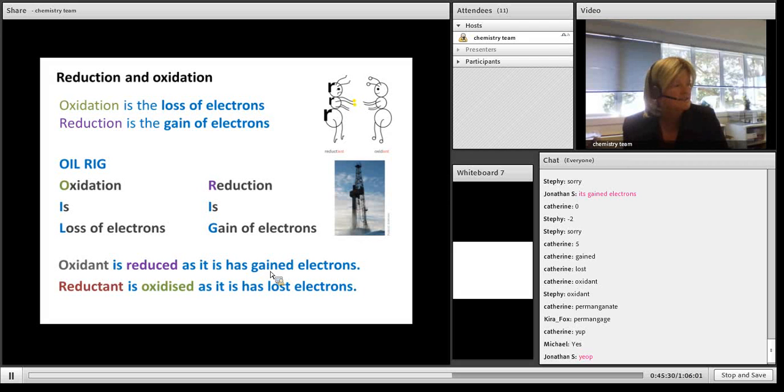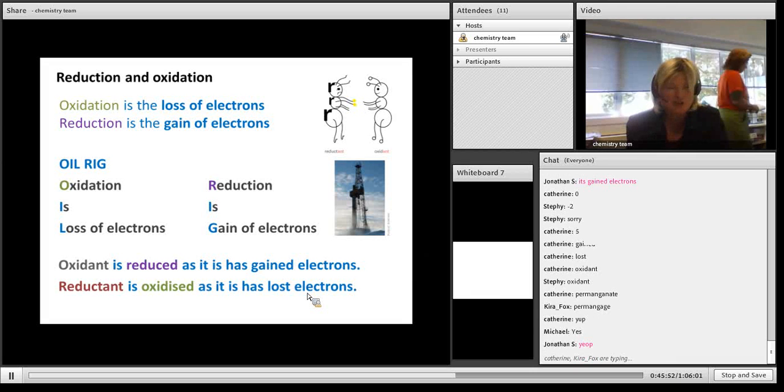Similarly a reductant, so this is this sad reactant ant, he's losing electrons. Because he's losing electrons, he's being oxidized, OIL RIG, and so a reductant is always in the oxidation part of the reaction. Is that clear? Do you think those images and those mnemonics will help clear it up?